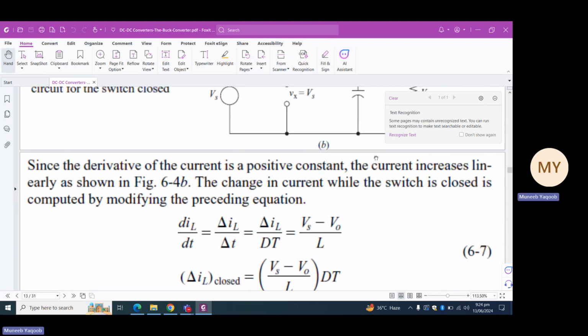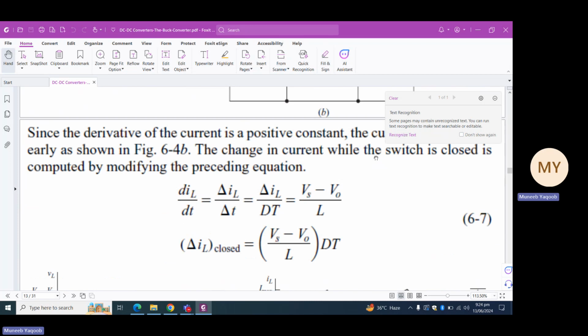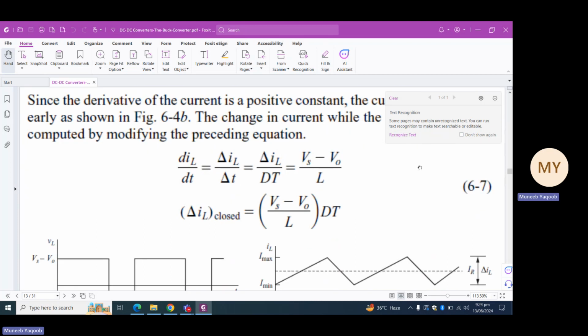Now, di by dt is basically change in current divided by change in time, so we can say that the change in current is the change in inductor current, that is delta IL, while the time for which this change is happening is the time for which the switch is closed, that is DT. Hence, we can conclude that delta IL for the switch closed equals (Vs minus Vout) divided by L, times DT.